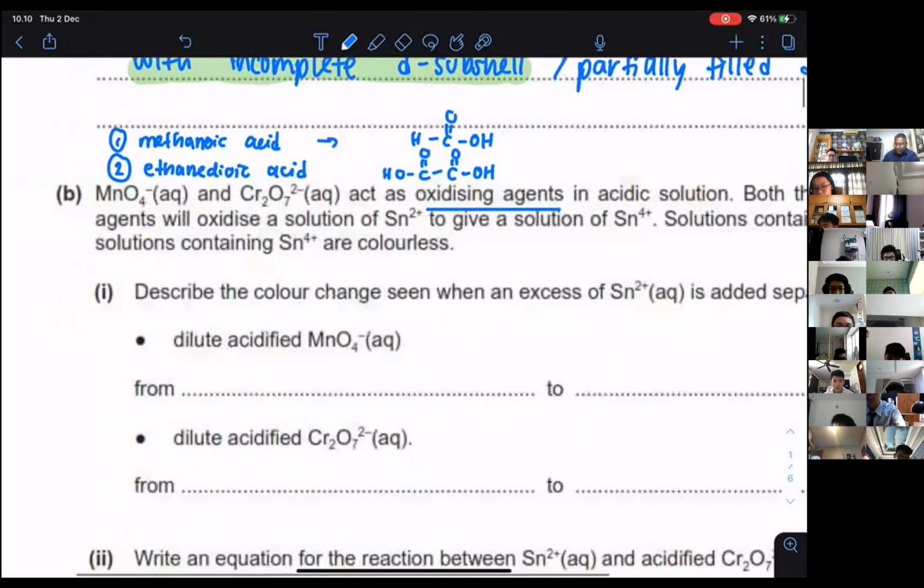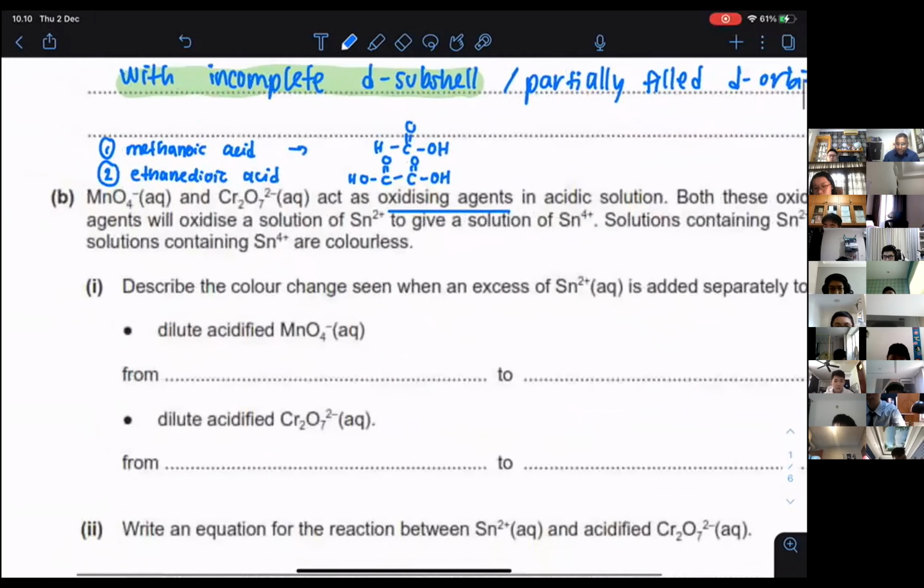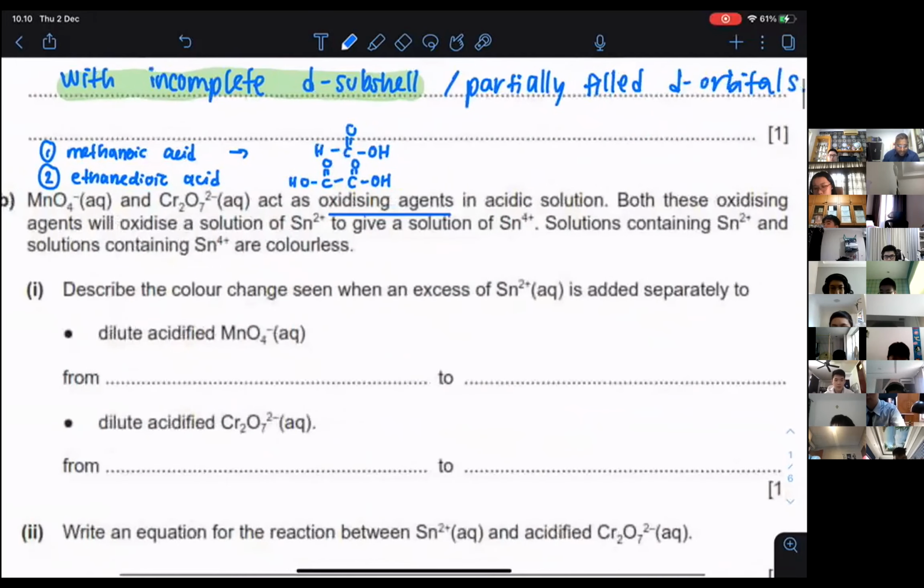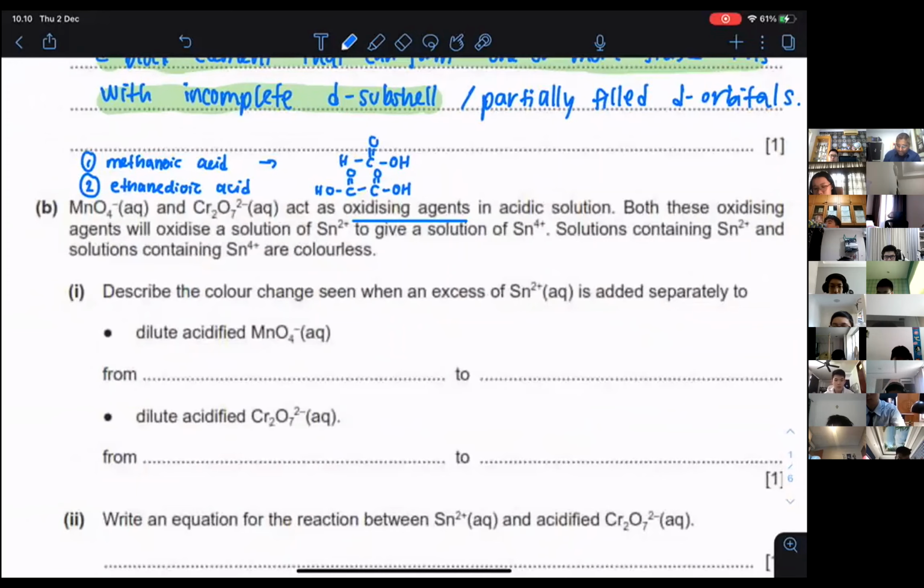They say that in acidic solution, acidified, both of these oxidizing agents will oxidize Sn2+ to give you Sn4+. Solutions of Sn2+ and Sn4+ are colorless. So it means that the color contributed is only coming from the oxidizing agents.